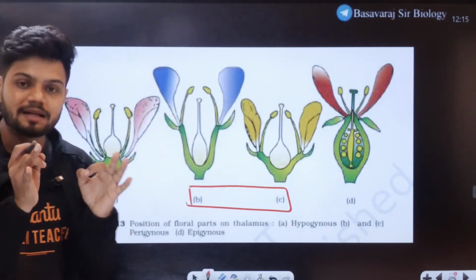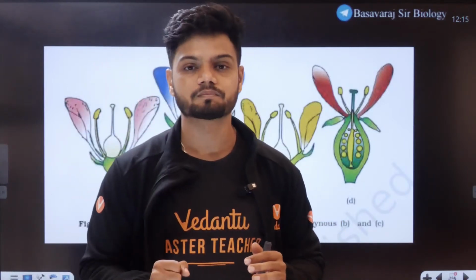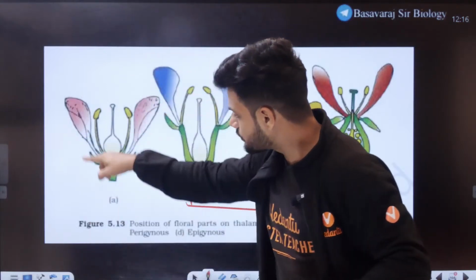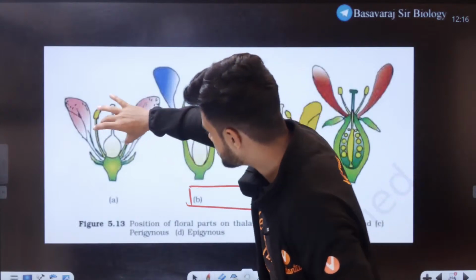Now I will teach you the entire concept with the help of a diagram. So please focus on the diagram right now. This one is called the hypogynous condition. Let's zoom in on hypogynous.